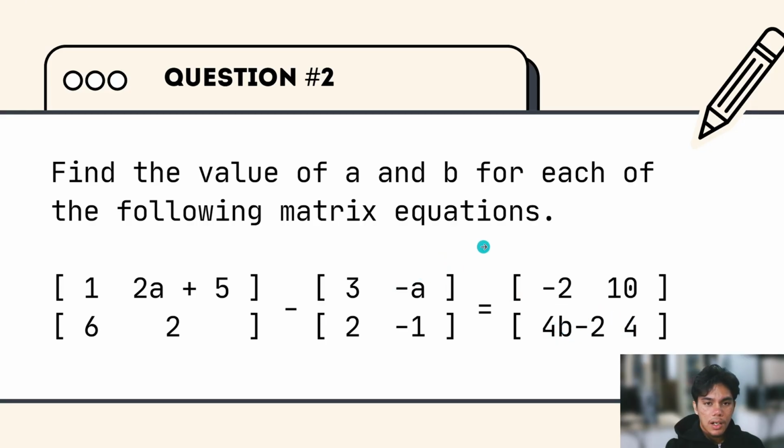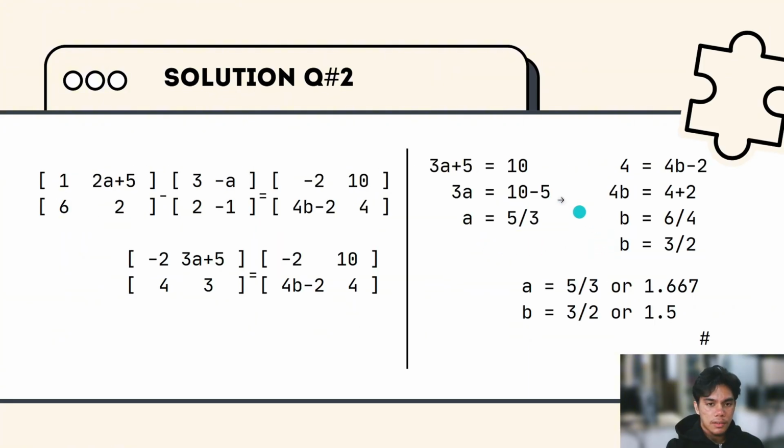So how do we solve this? The first step is we're going to subtract these two, and so we get 1 minus 3 equals negative 2. 2a plus 5 minus negative a equals 3a plus 5. 6 minus 2 equals 4. 2 minus negative 1 is 3.